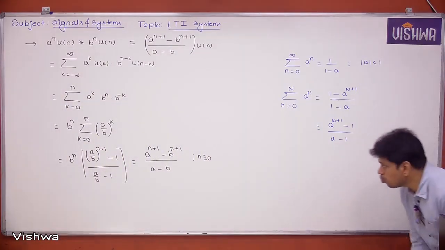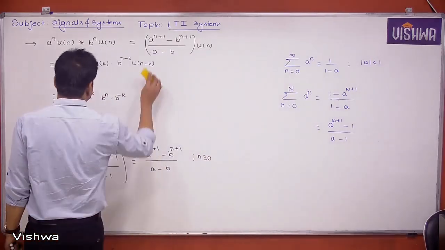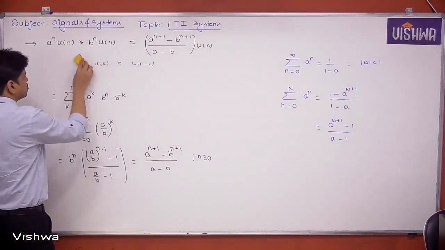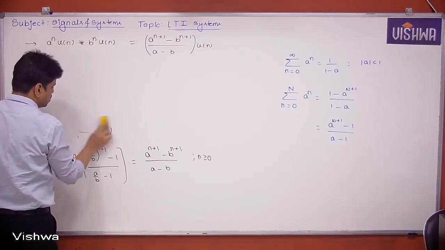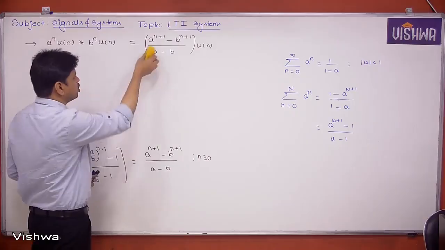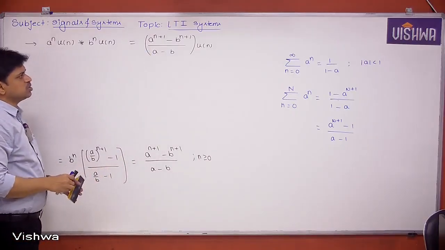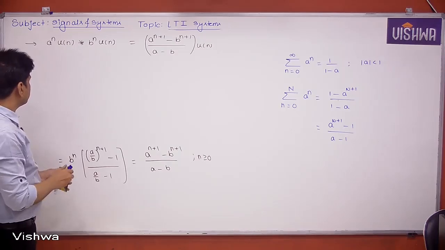Here also, what if a is equal to b? What is it going to be? If you substitute a is equal to b directly in this result, it is going to say undetermined, but that is not the correct answer. Let's see.